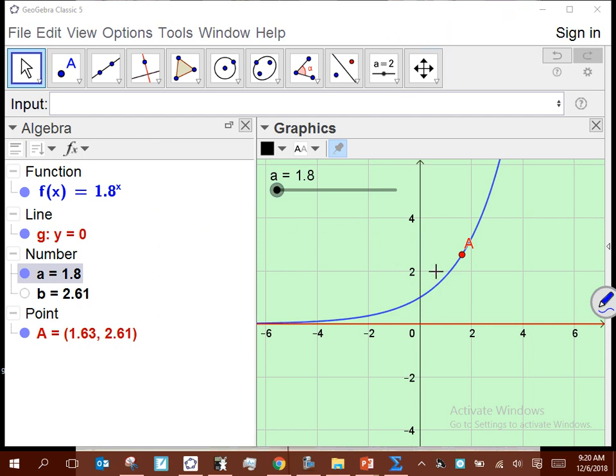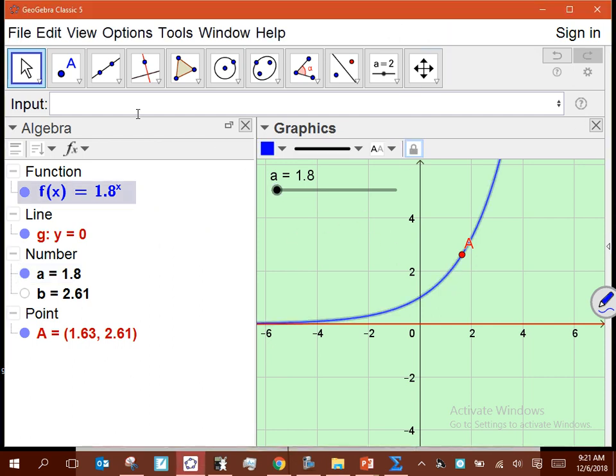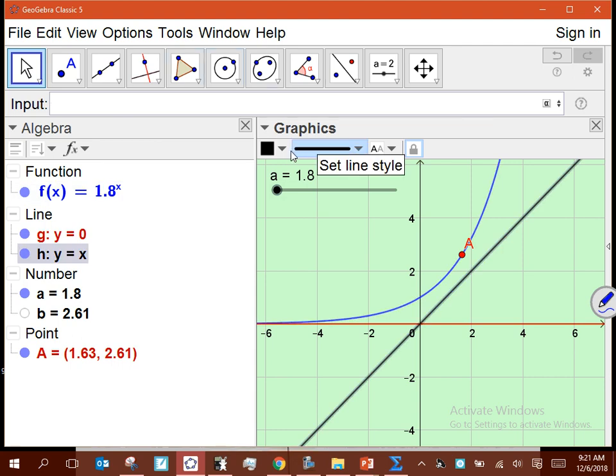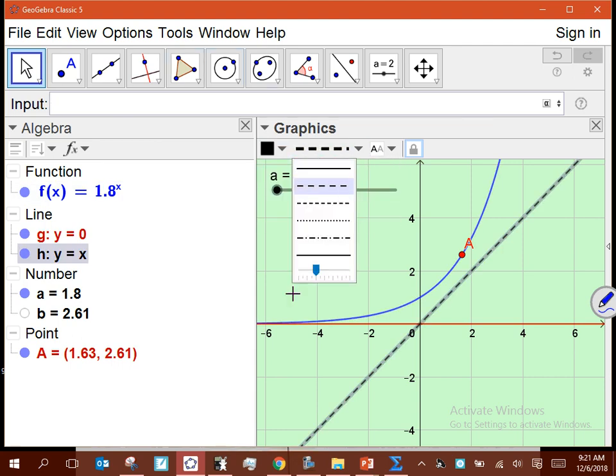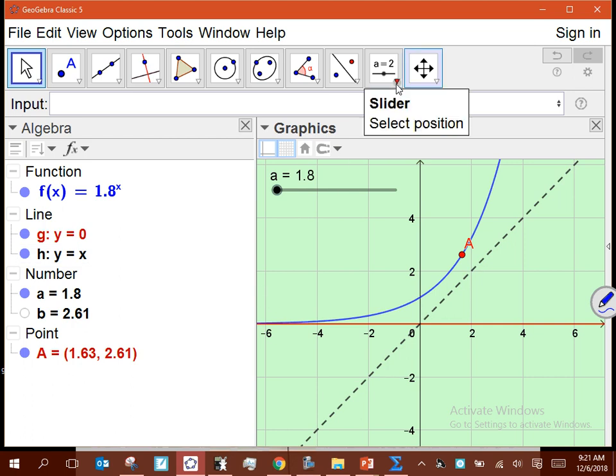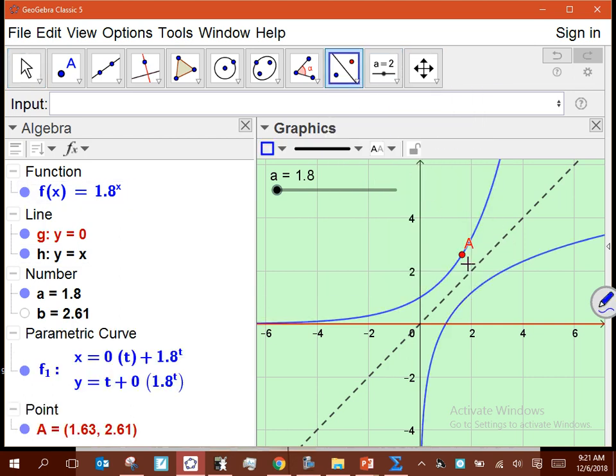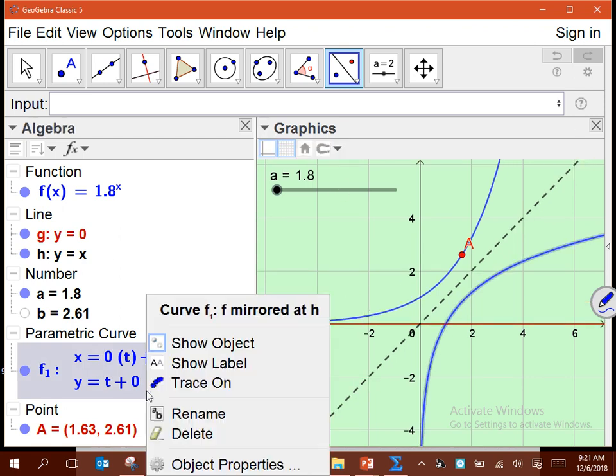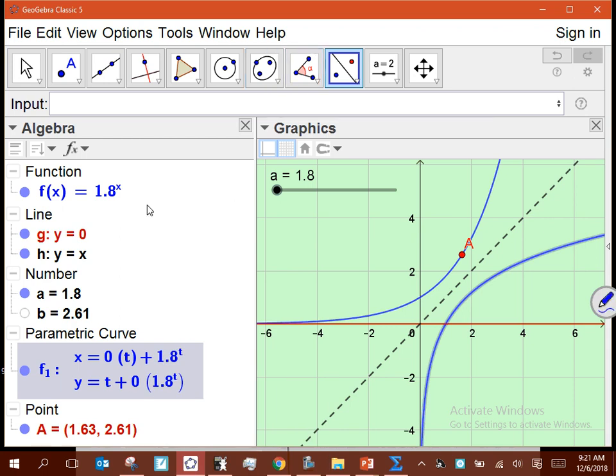If that is an exponential, and a logarithm is its inverse, then a logarithm is going to be the reflection across that dotted line, y equals x. So if I reflect that curve across there, that is my logarithm.